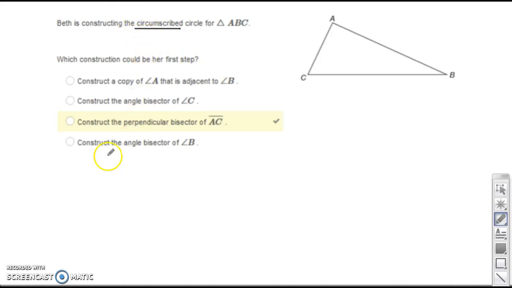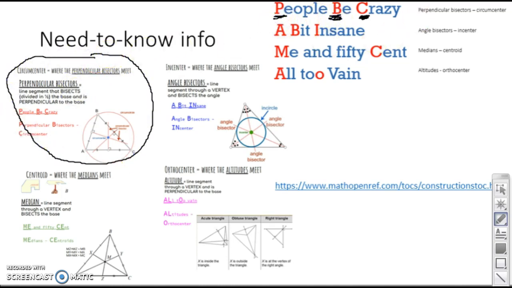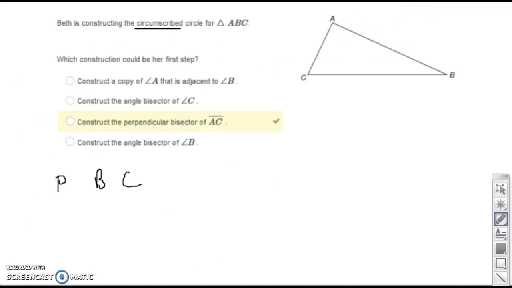And if you think about your rap, people be crazy. That tells you that to get that circumcenter, you need to construct the perpendicular bisectors to get this circle here. So we need to construct perpendicular bisectors to get that circumscribed circle. And so that's what our answer is. We need to construct those perpendicular bisectors.